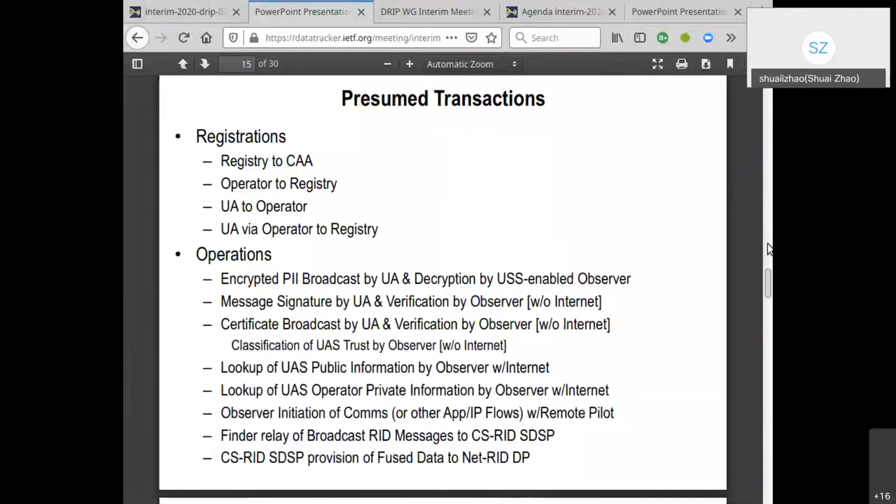I'm not suggesting that we would stand up something that would compete with the USSs, but rather suggesting that we might be able to provide standards so that USSs can do things in an interoperable and consistent fashion. I agree, because for the current USS, there's no written statement on what a USS should do and how to do it.